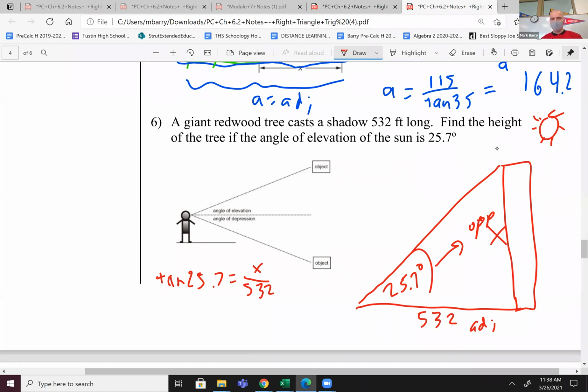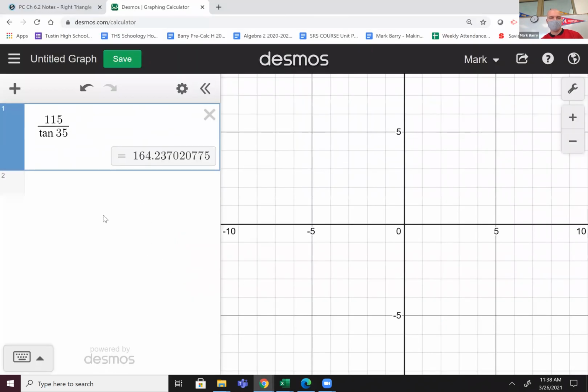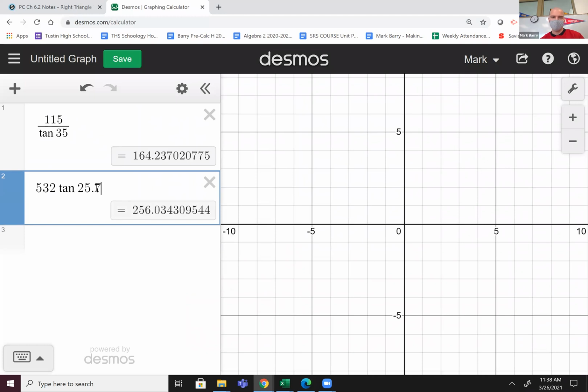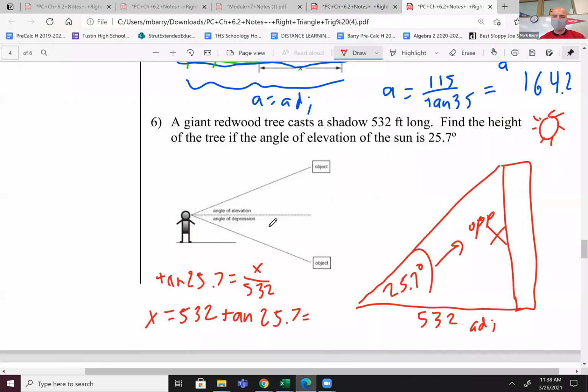So we just multiply it over. So x equals 532 tan 25.7. All right, so I got close enough to 256 there that I'm just going to call it 256 feet.